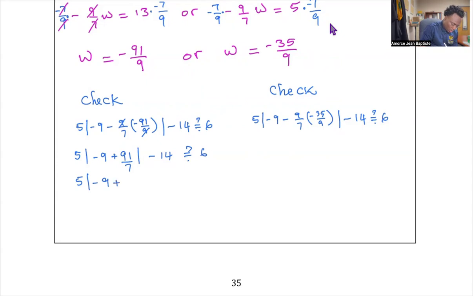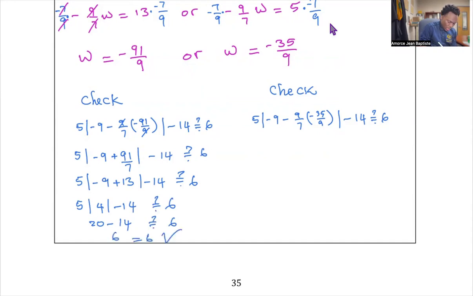It's a plus 13 minus 14. We want to check to see if it's 6. So that's 5 absolute value of 4 minus 14, is it 6? So that's a 20 minus 14. Is it 6? Yes, 6 equals 6. This one checks. So W equals -91/9 is accepted.